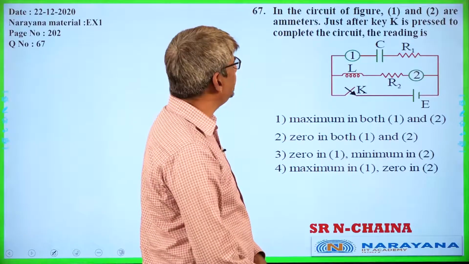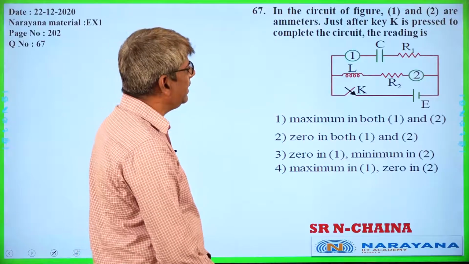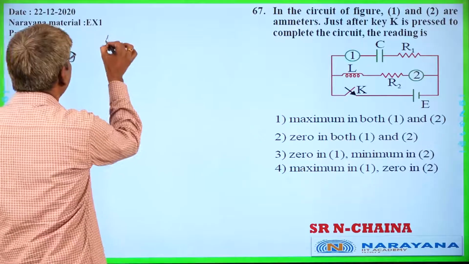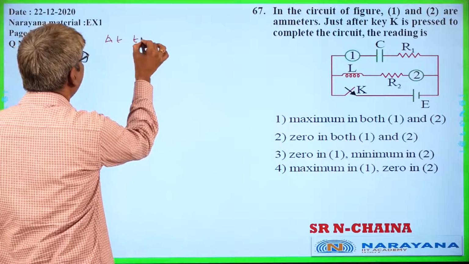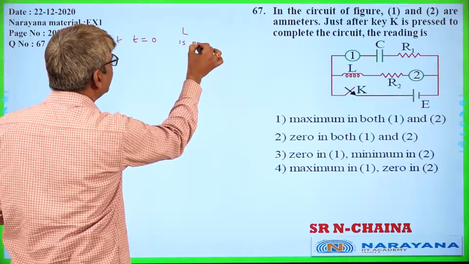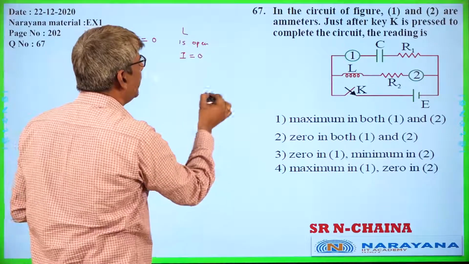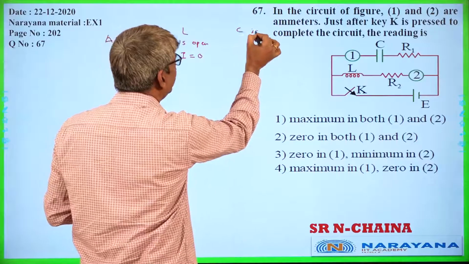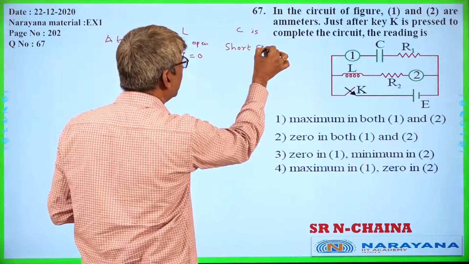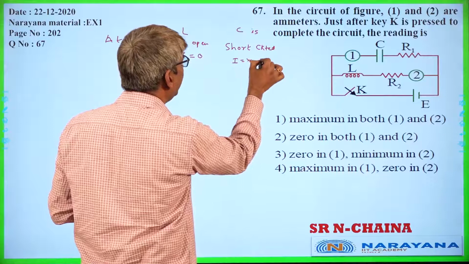Just after the key is pressed to complete the circuit, that is at t equal to 0, we know L is open, the inductor is open, meaning no current flows through it, whereas C is short circuited.